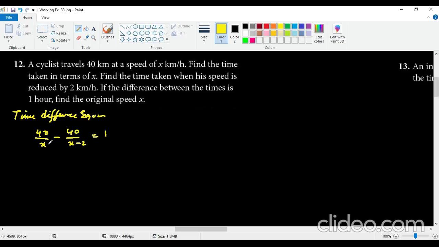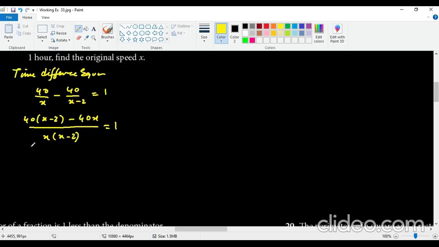Now in here, cross multiplication is going to be done. 40 multiplied by x minus 2 minus 40x, and down below you have x and x minus 2, which is equal to 1. Now this is going to give us 40x minus 80 minus 40x is equal to x square minus 2x.